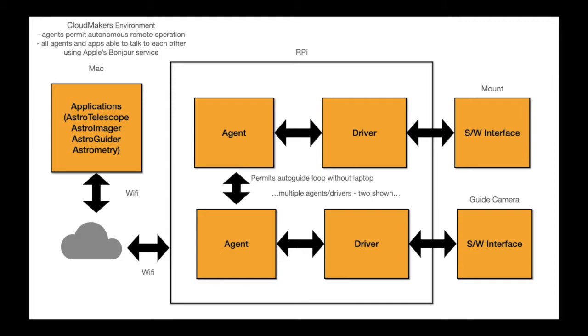Well, the astrometry doesn't require an agent because you usually do it before you start anything. But the guider and the imaging camera control and the mount control is all in the Raspberry Pi with the agents. So we'll go and demonstrate the CloudMakers now.